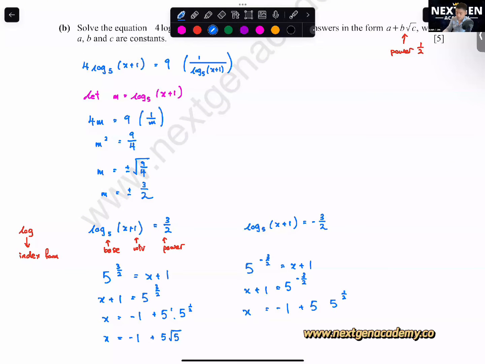So what plus 1 over 2 will give me negative 3 over 2? Negative 2, right? So negative 2 plus 1 over 2 becomes negative 3 over 2. Understand the logic here? So I need to rewrite this into this form. Plus 1 over 25 surd 5. This part here is a little bit tricky.